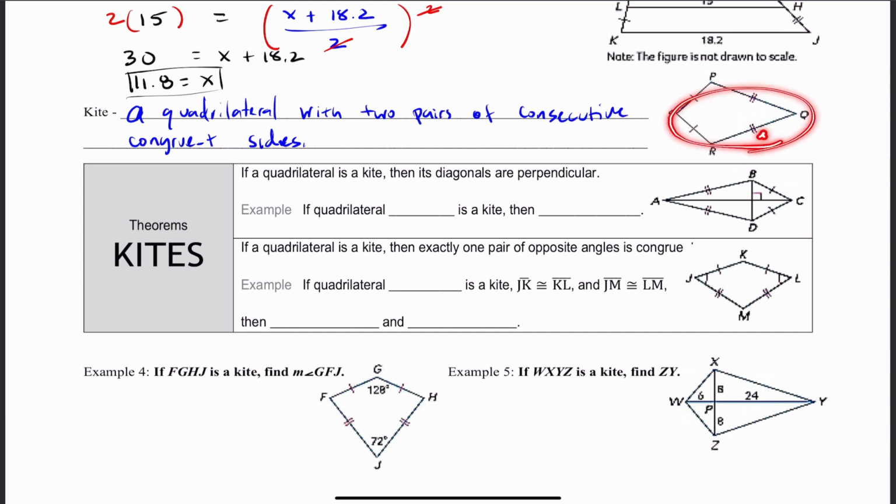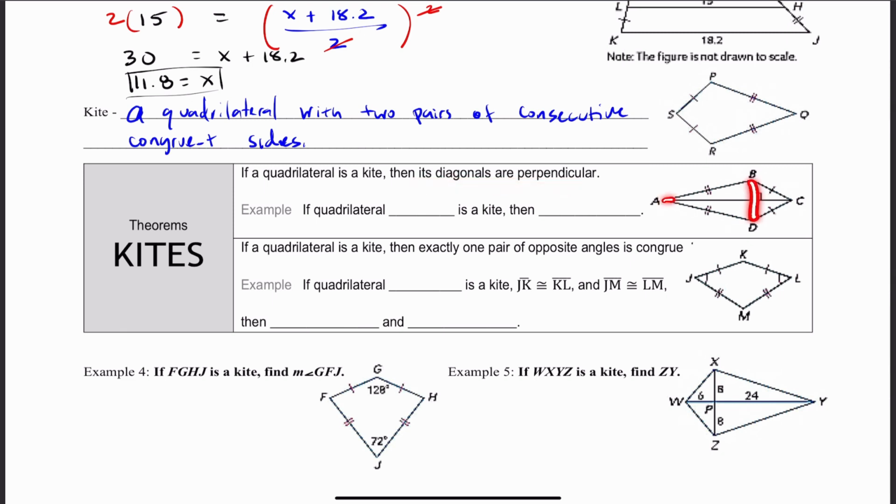So I should be looking at this kite. I didn't notice the kite was there. So that means that these sides are consecutive and they are congruent. These sides here are consecutive and congruent. So if a quadrilateral is a kite, then its diagonals are perpendicular.